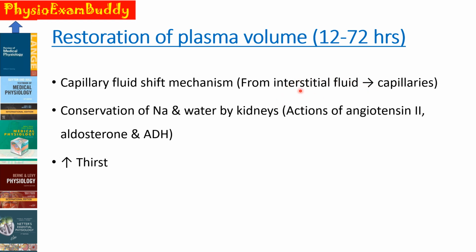That is our capillary fluid shift mechanism. Another reason for the restoration of plasma volume is the conservation of both sodium as well as water by the kidneys by the action of angiotensin II, aldosterone as well as ADH. There will also be an increased thirst which makes the person drink water and increases the ECF volume.